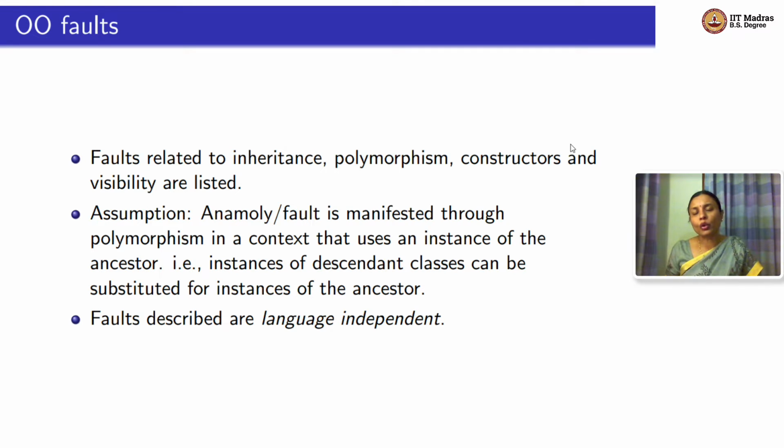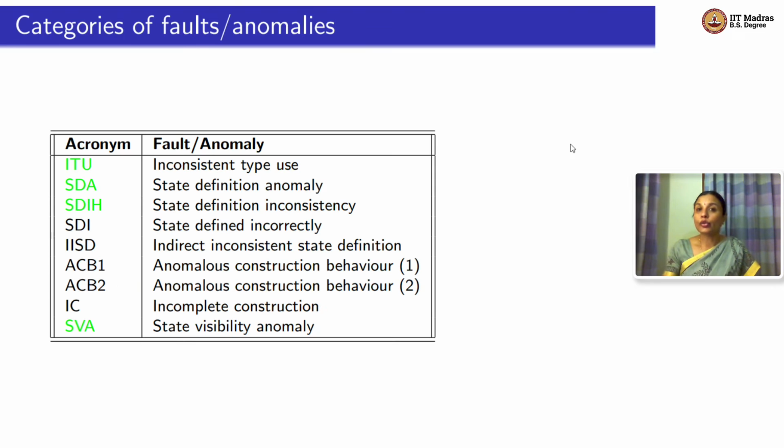Whatever faults we are going to see are specific to object-oriented programming languages and are not dependent on a specific object-oriented programming language. Nothing specific to Java, nothing specific to C++. It's not like that. At a generic level, we're just going to look at a catalog of object-oriented faults that come in the presence of class inheritance, dynamic binding, polymorphic methods, and use of constructors.